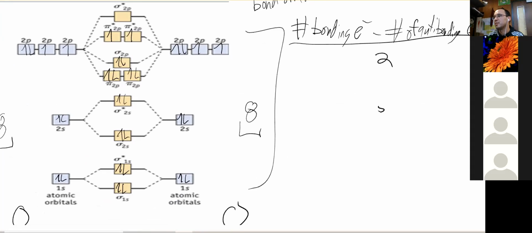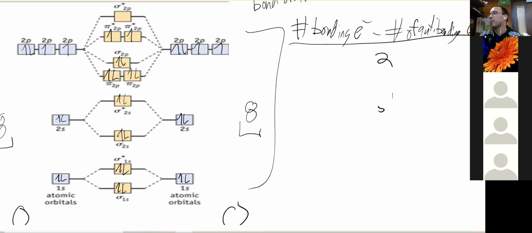So is the bond order for the Lewis structure the same? Bond order for Lewis structure follows a different equation, and then you have to deal with resonance. For molecular orbital theory, you don't need to worry about resonance because you can't really tell whether the double bond was on one oxygen or the other.